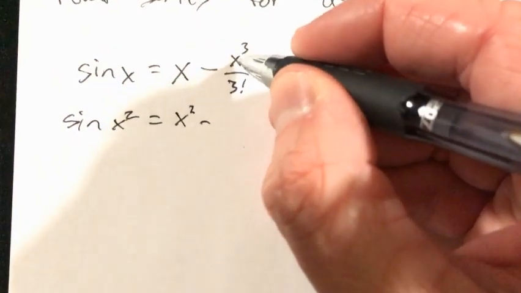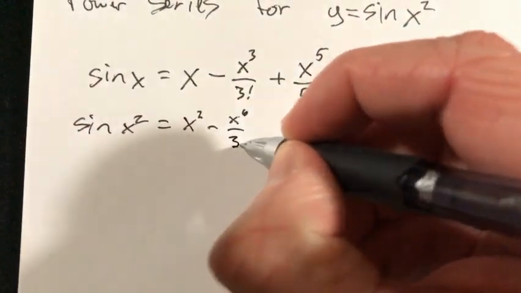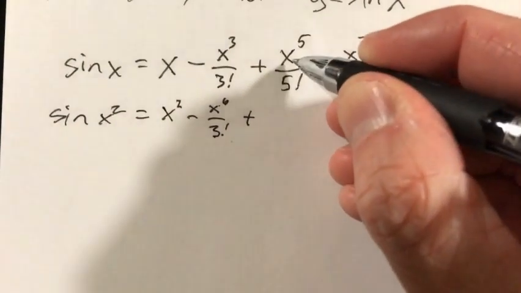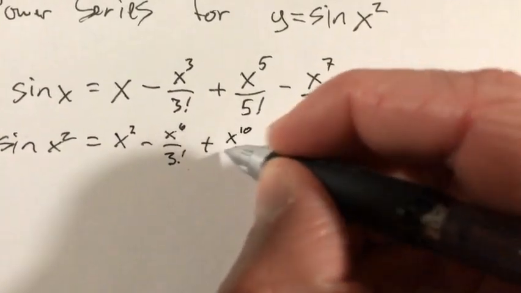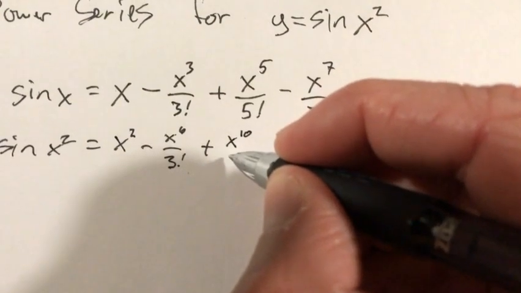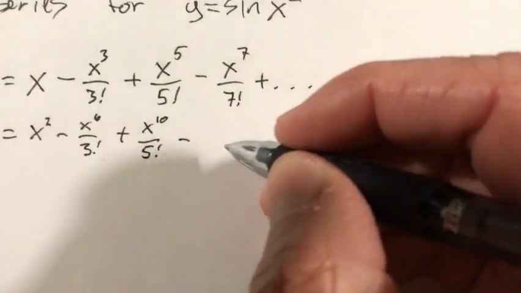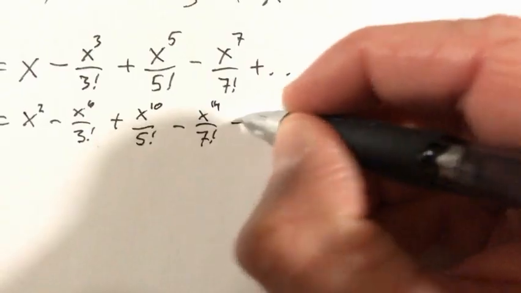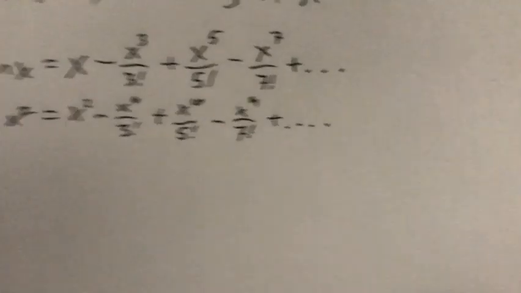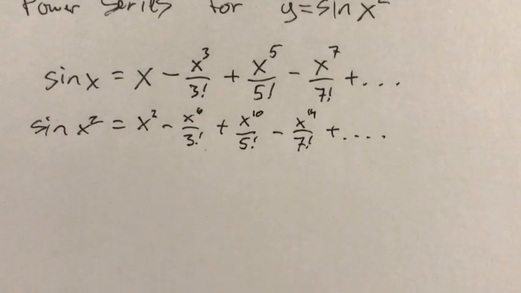I'll replace this x with an x squared, so x squared to the 3rd is x to the 6th. X squared to the 5th is x to the 10th. X squared to the 7th is x to the 14th. And at this point, I feel like I've established enough of a pattern to put the ellipses at the end and say, there we go. That's what the power series will look like for sine of x squared.